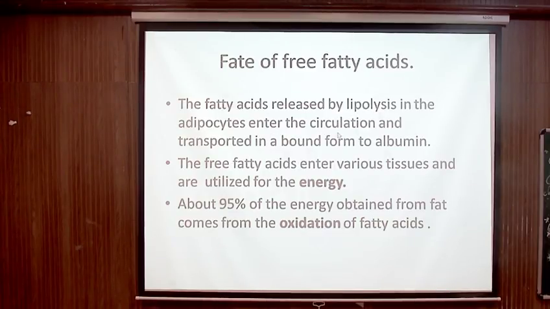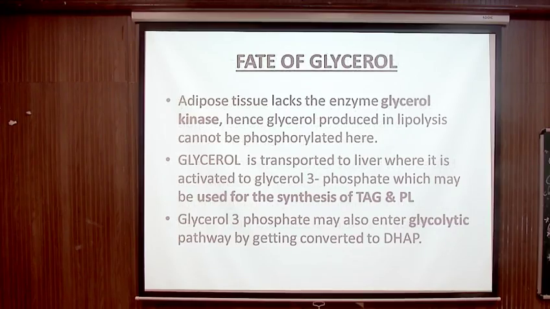They will enter the circulation bound to albumin, and then these free fatty acids enter various peripheral tissues to provide energy, in the form of beta oxidation. So, 95% of the energy obtained from fat is from the oxidation of fatty acids. Okay. So, what happens to the glycerol? From triacylglycerol we have got fatty acids as well as glycerol.